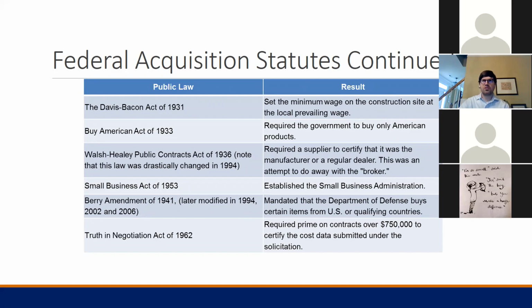The statute can be thought of as the more general, whereas the regulation is much more the logistics and the process and the nuts and bolts of making a procurement. That's why the R in FAR is regulation, and that's all of the very specific details to effectuate that procurement.